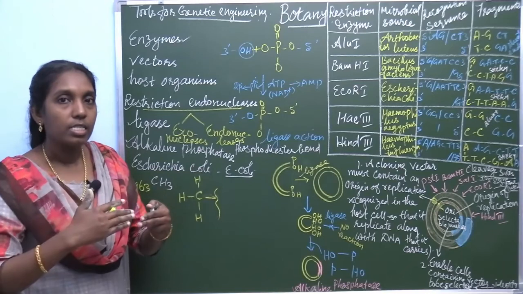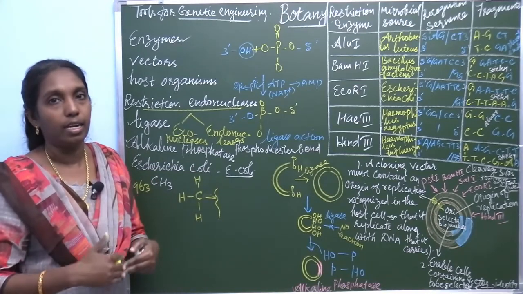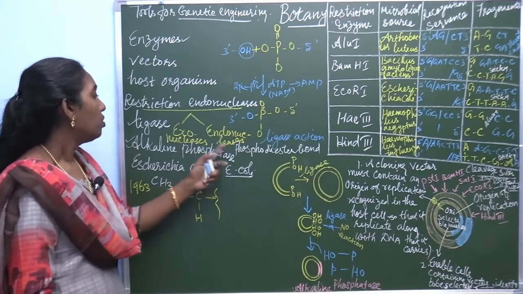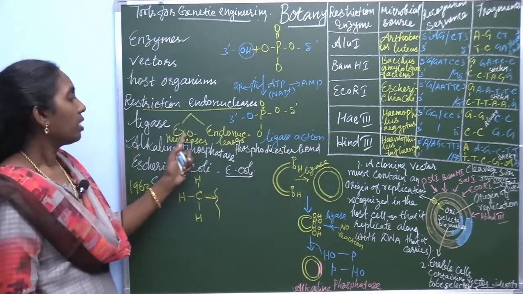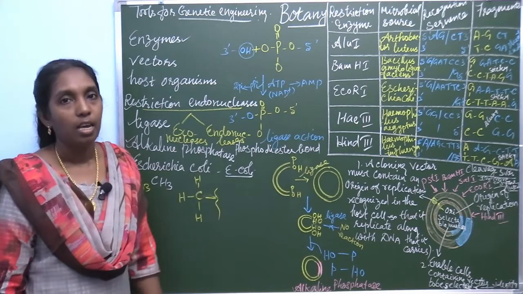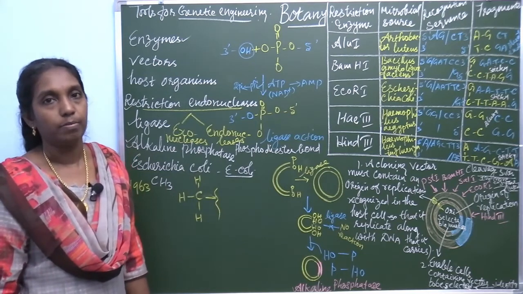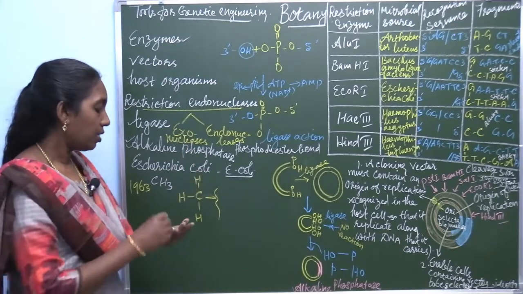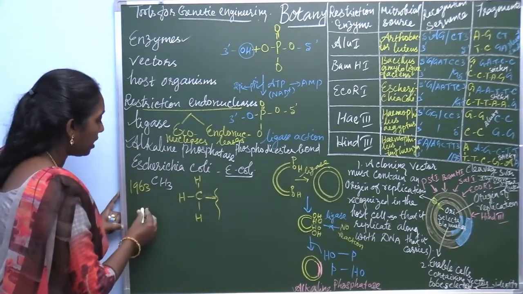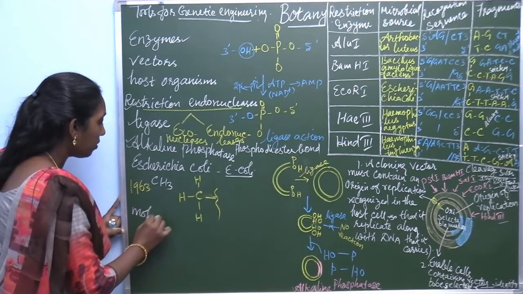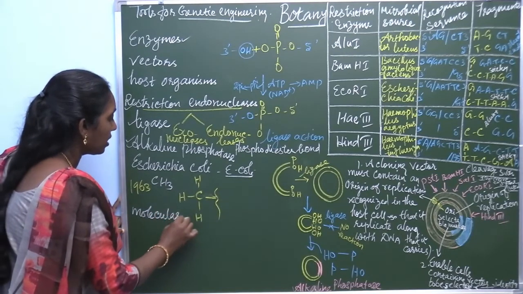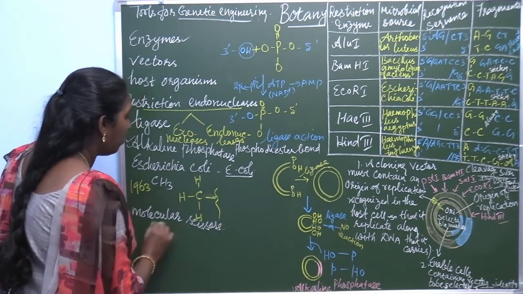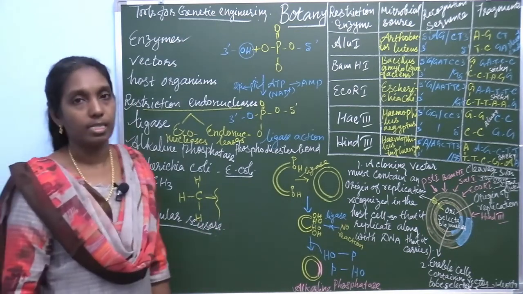Endonucleases cut the DNA sequence internally. Based on its mode, it is classified into two types, exonucleases and endonucleases. Then these restriction endonucleases are named molecular scissors.